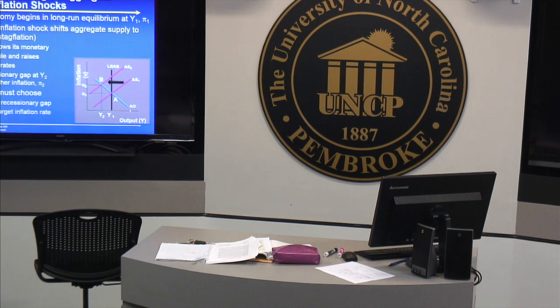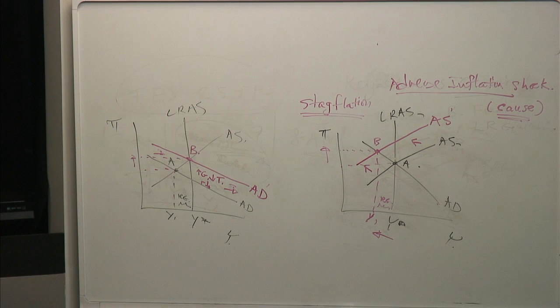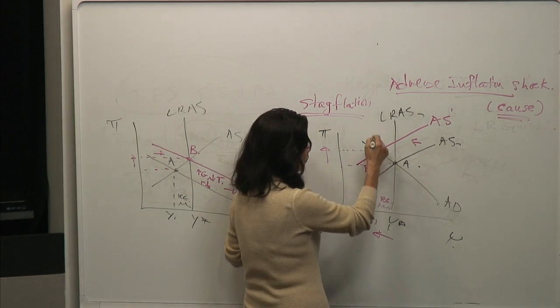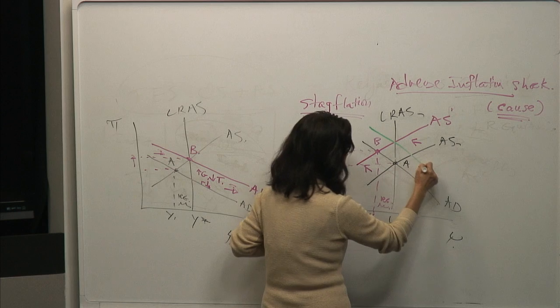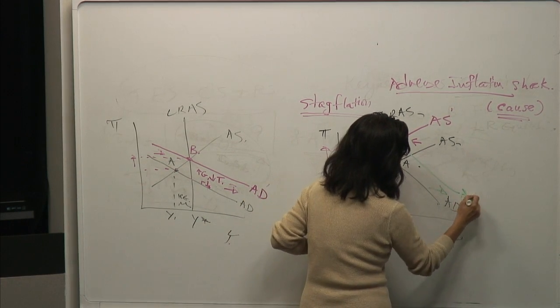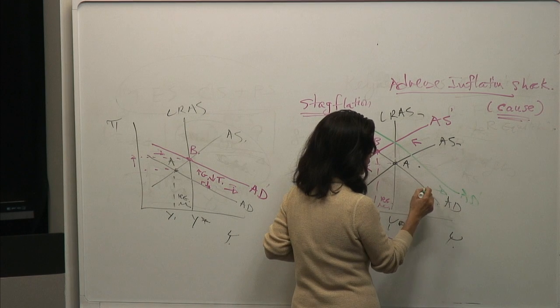Right. You're afraid to do the point C, but we have a point C, yes. So at point B, again, you got a recessionary gap, so you have to pump up the economy now. So then you would throw in Keynesian fiscal or monetary policy.